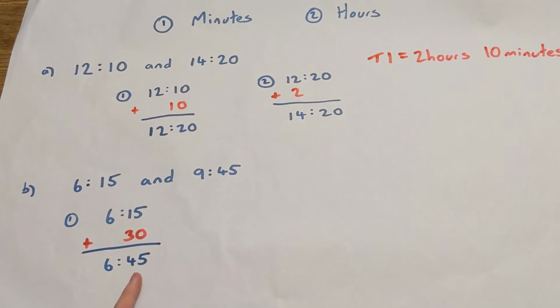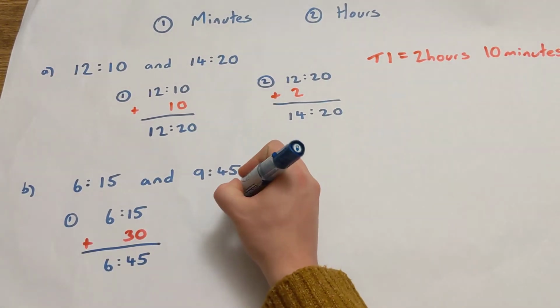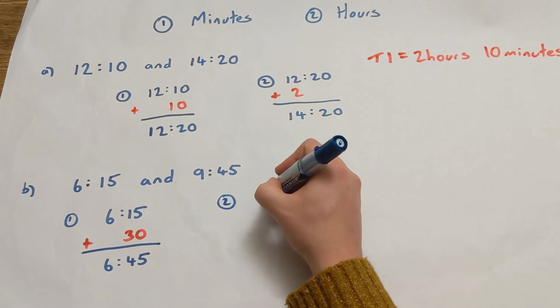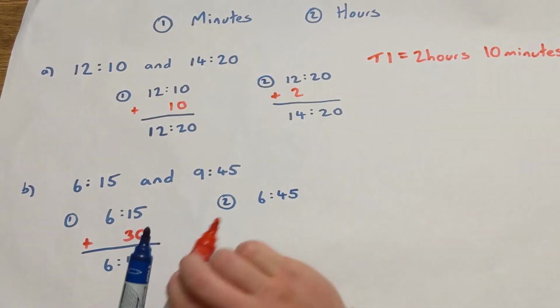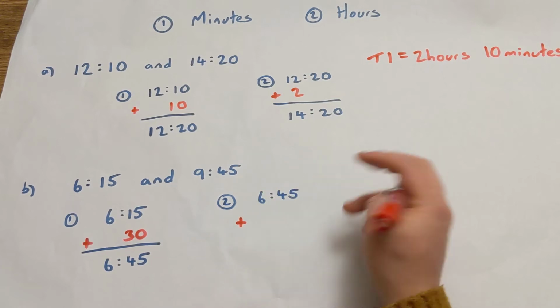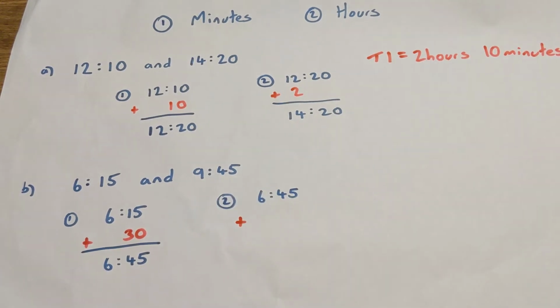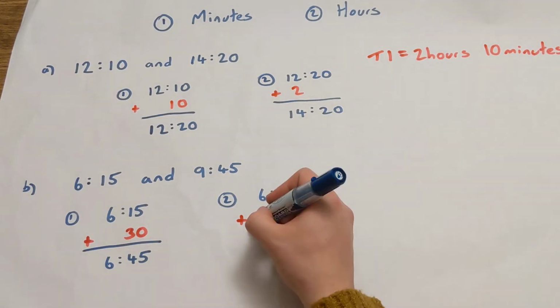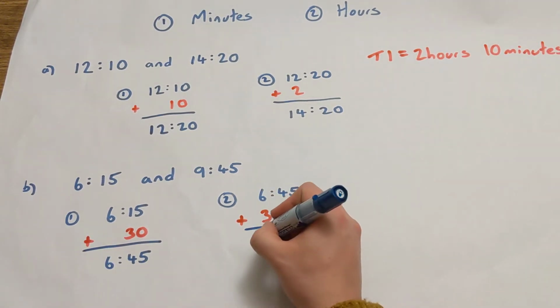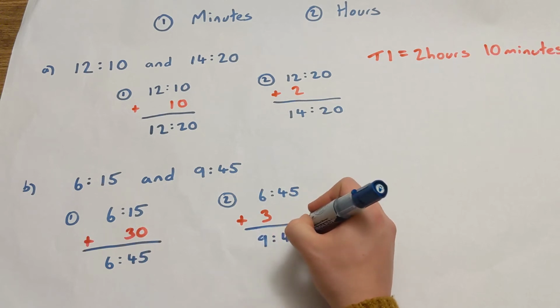Now let's deal with the hours. So I'm at 6:45. How many hours do I have to add on to 6:45 to get to 9:45? Well, I have to add 3, don't I? So if I add 3 hours onto 6:45, that gets me to 9:45.